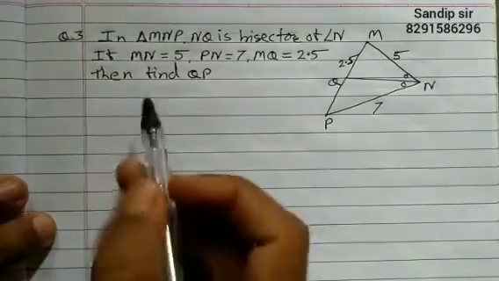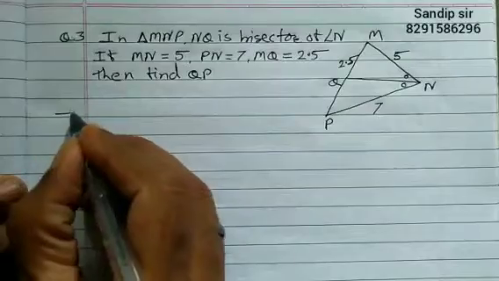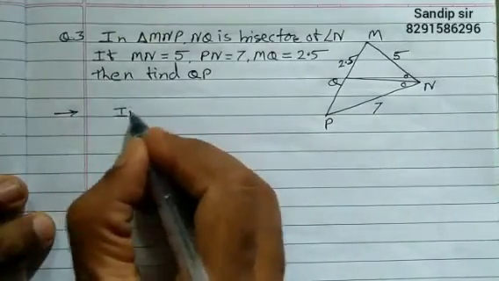Now question number 3. In this question they give the triangle MNP.